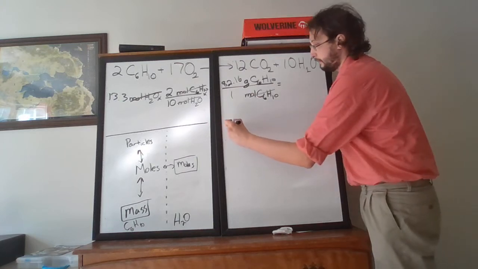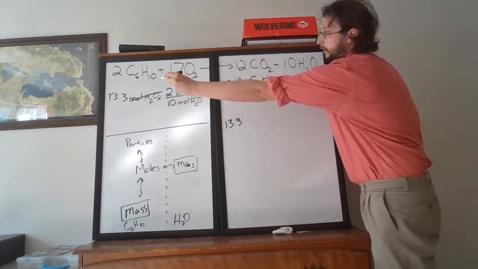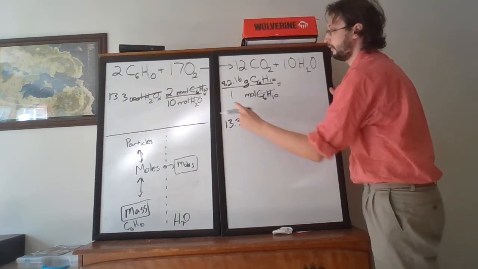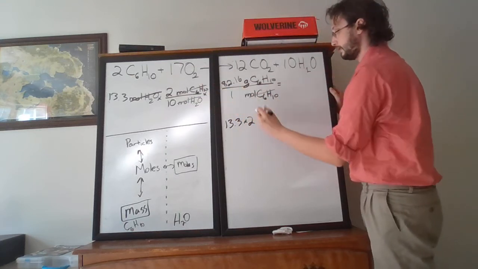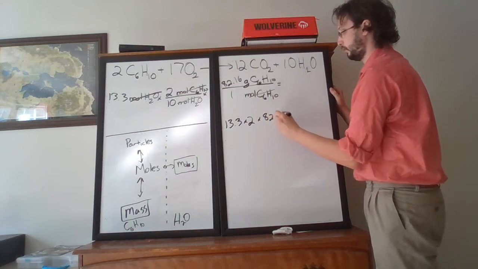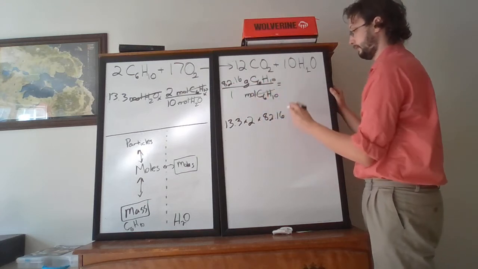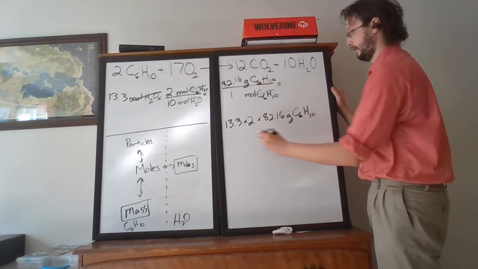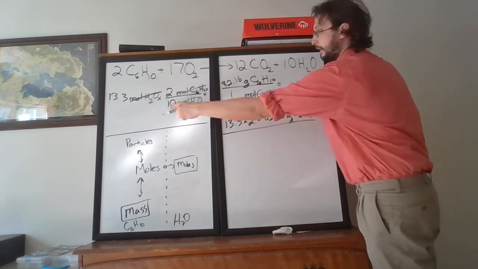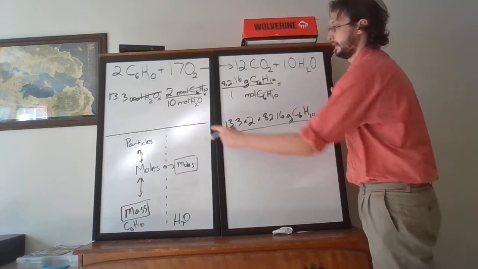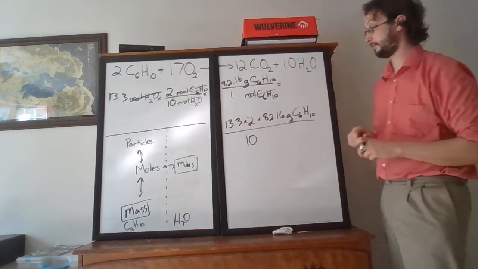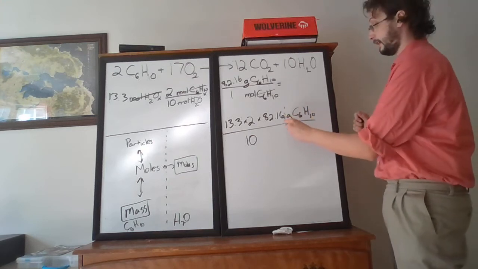So we've got 13.3 times 2 times 82.16 grams of C6H10, and in the denominator, we've got 10 and 1.